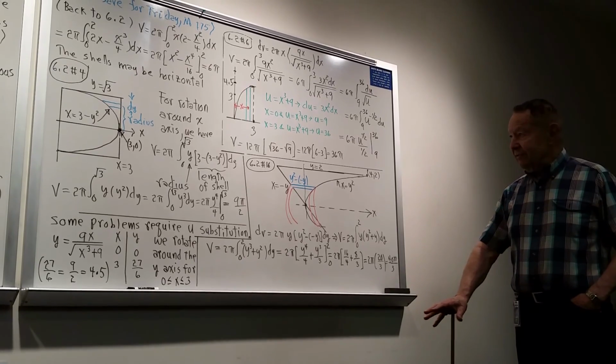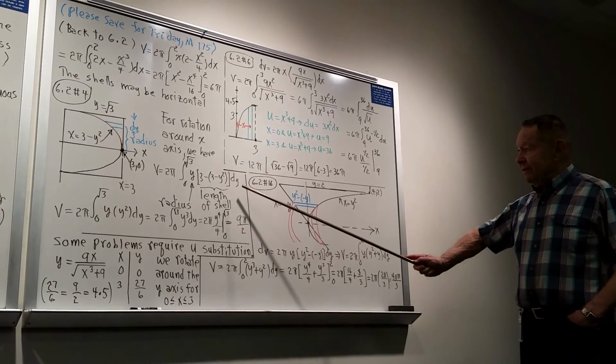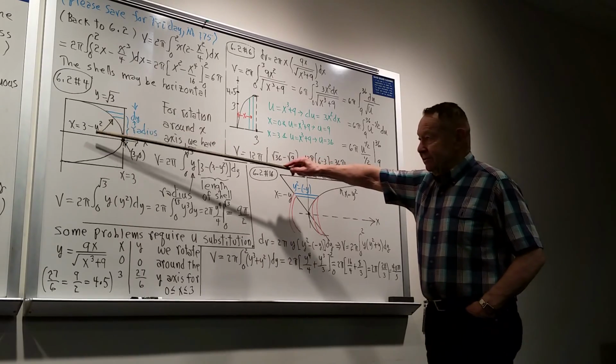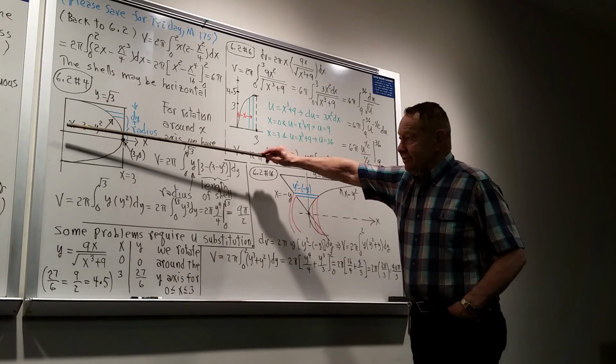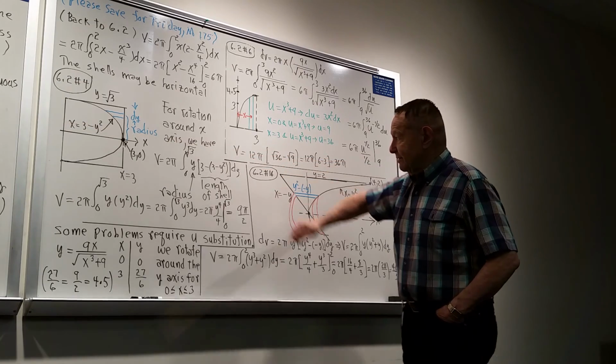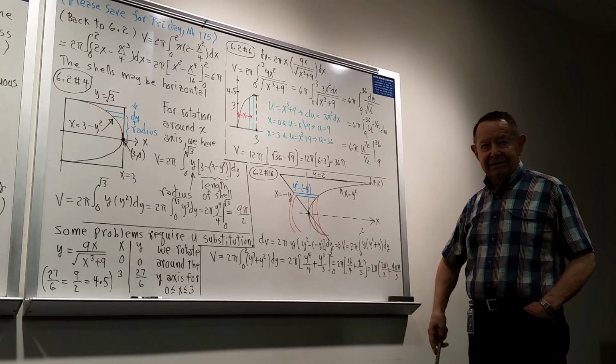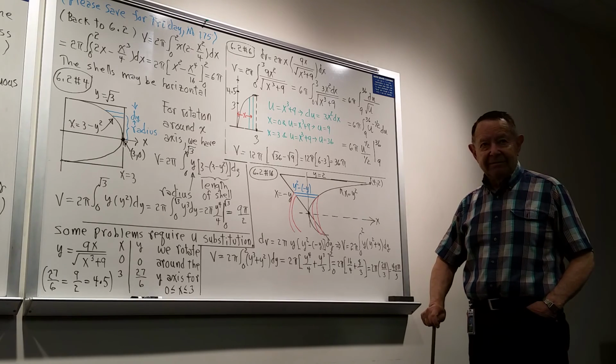So if you have something where the thickness is dy, as with the shells when the axis of rotation is horizontal, then that means everything else has to be expressed in terms of y.